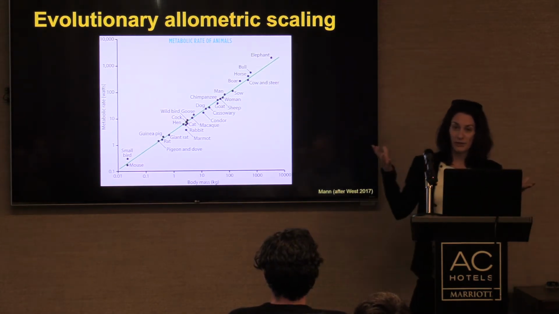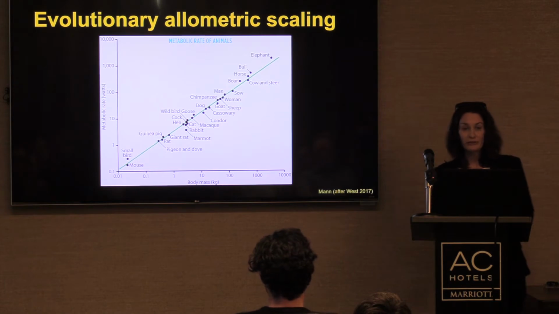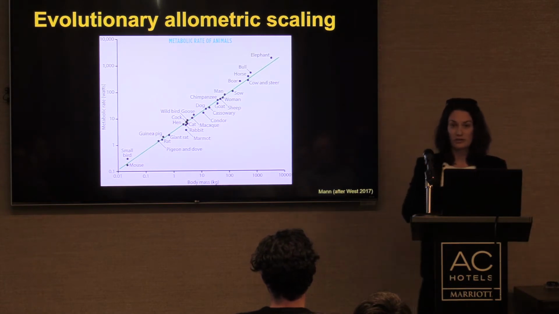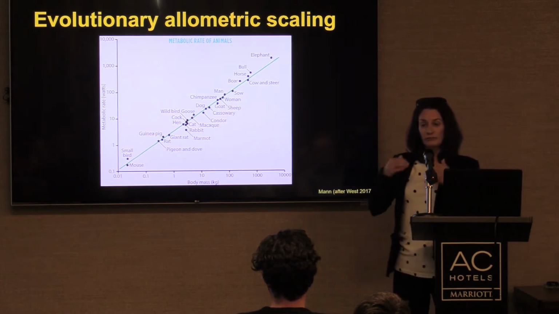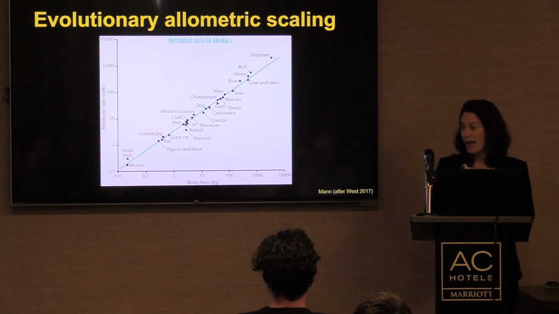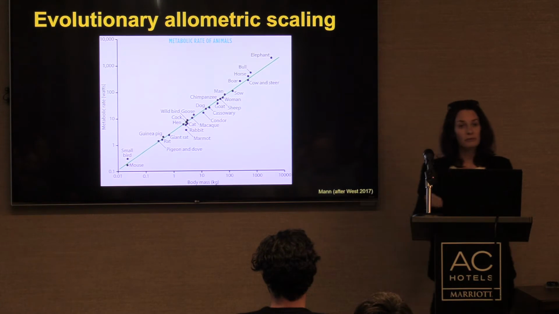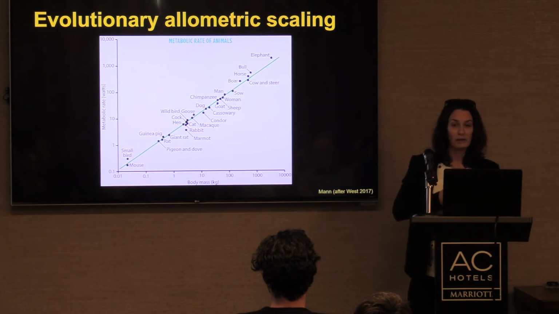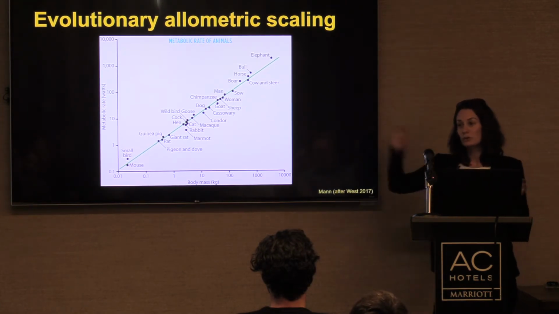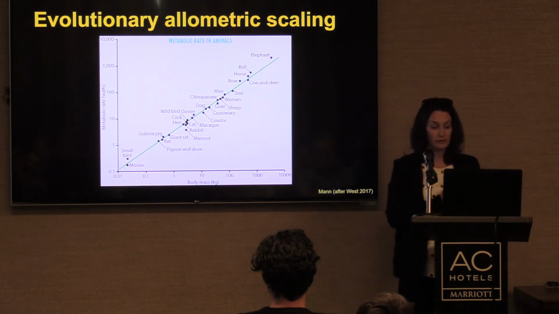And what science has found is that there's a very clear allometric scaling relationship between these two things. So if you tell me an animal's body mass, even if it's not one of these that's listed up here, I can probably tell you pretty closely what its metabolic rate is, simply because we know that this relationship exists.